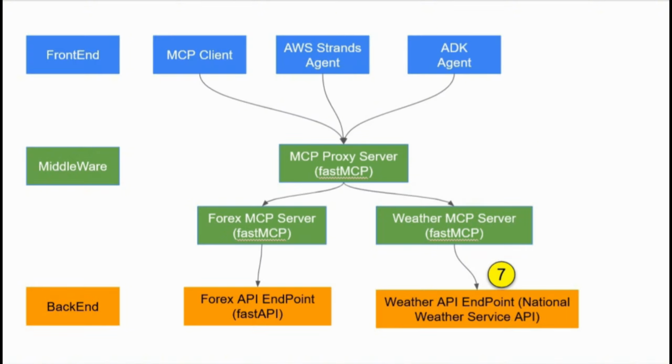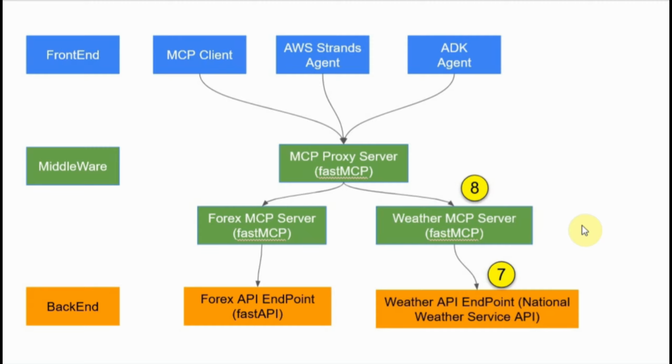Then we will do some extension to our original setup. I will create a script to use the Weather API endpoint by the National Weather Service. In this particular case, the Weather API is deployed on a National Weather Service server, so this will be a remote server.